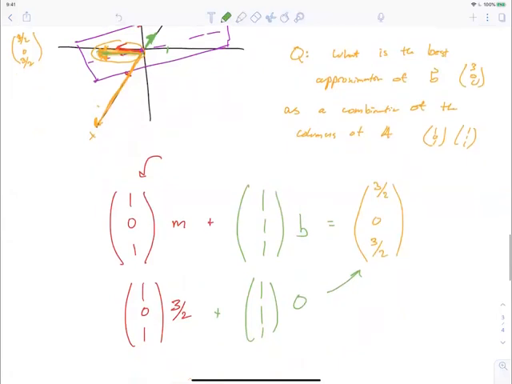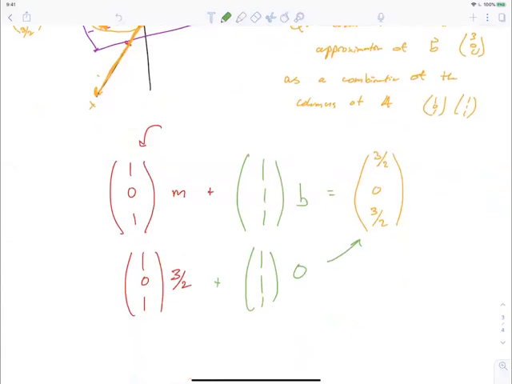All right, so let's dive into why this actually works and why it's called least squares, and then we'll call it a day. So why does this work?